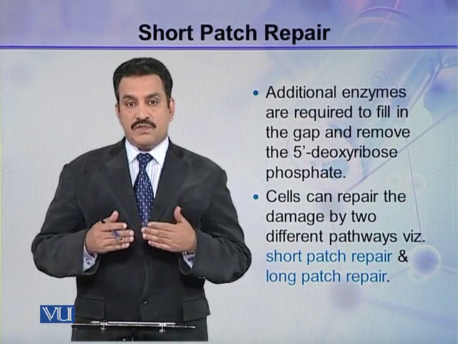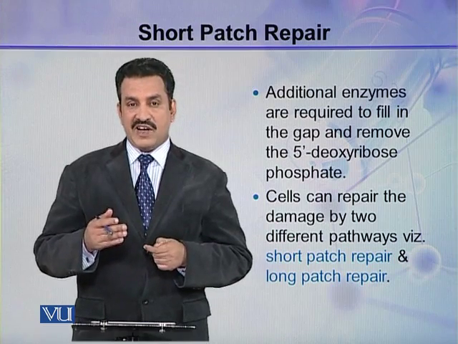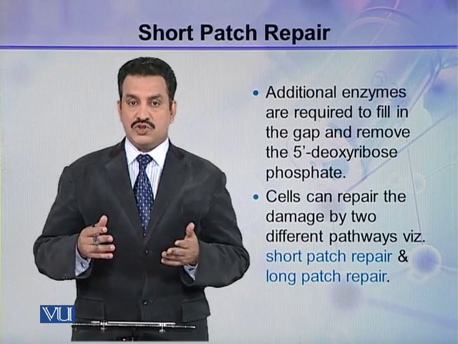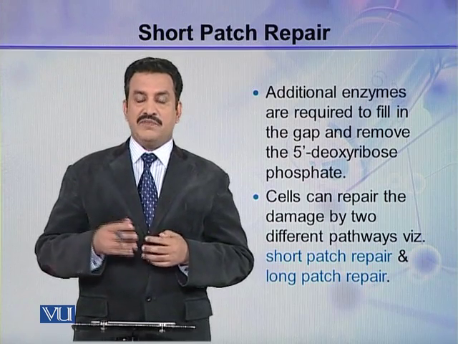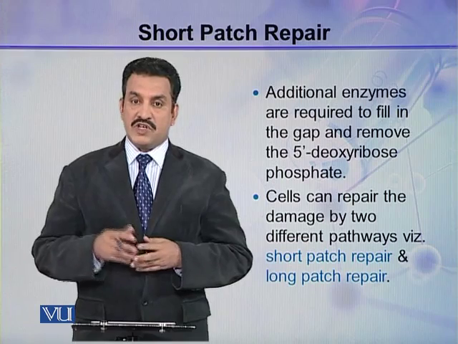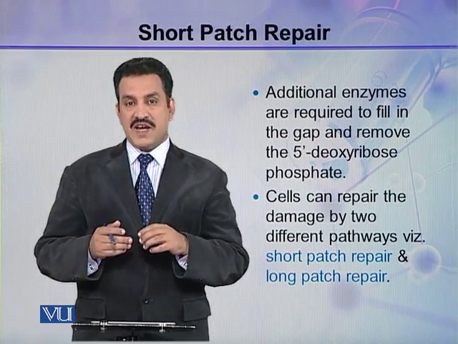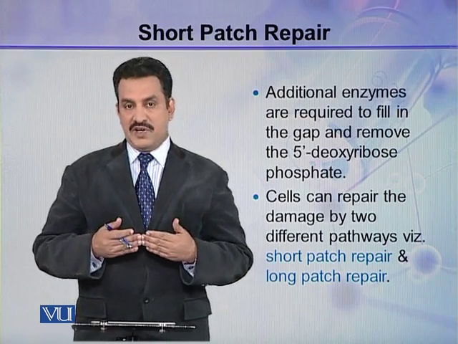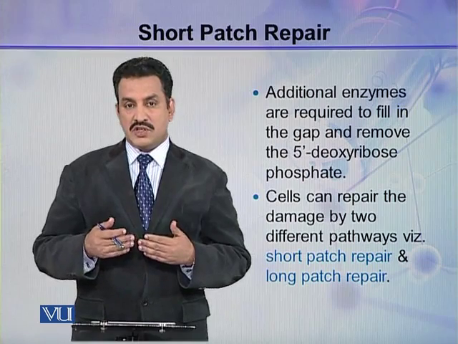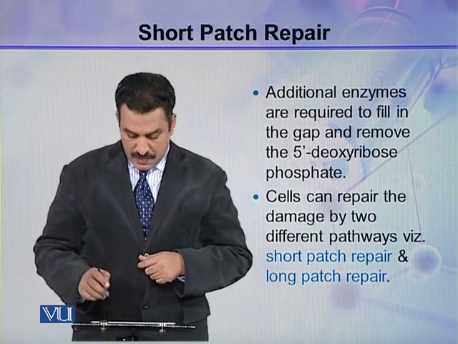So the filling of the gap is important, and the removal of 5' deoxyribose is also important. Why is it important? Because if this 5' deoxyribose phosphate is present, a new nucleotide cannot be added, and the gap cannot be filled. So it is necessary to remove this abasic site.